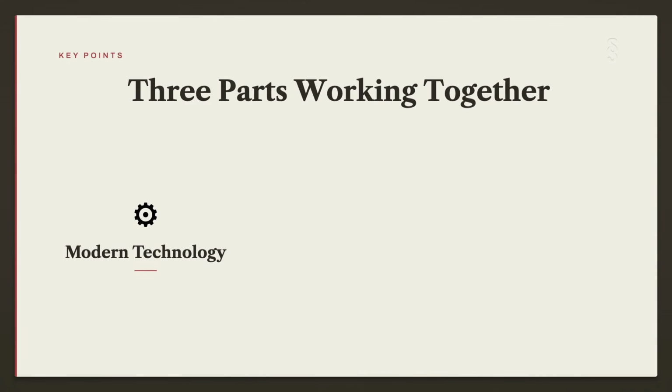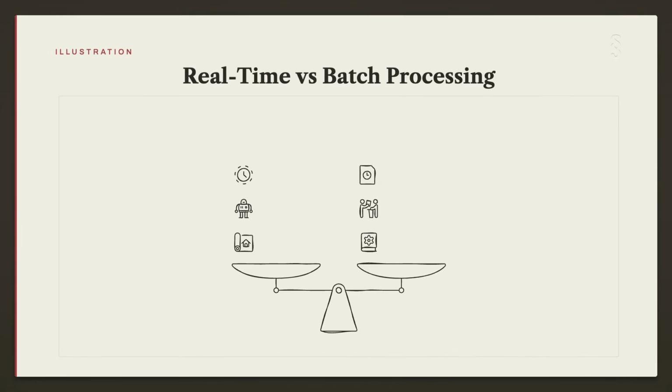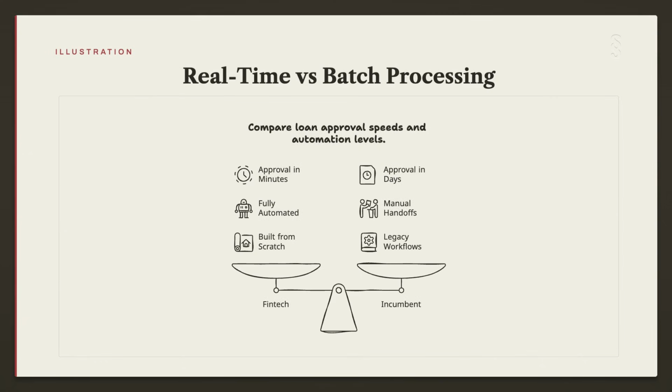The stronger explanation has three parts working together: modern technology, narrow focus, and a much lower cost structure. No single element explains the result on its own. Narrow focus means one product instead of a full menu, which concentrates effort and removes coordination overhead. Modern systems matter for a specific reason.